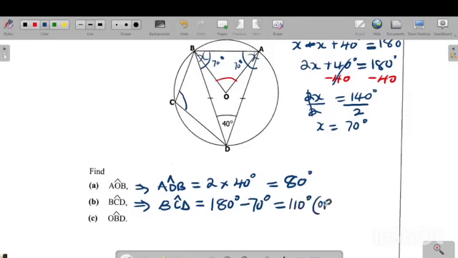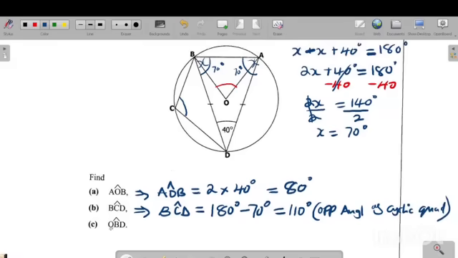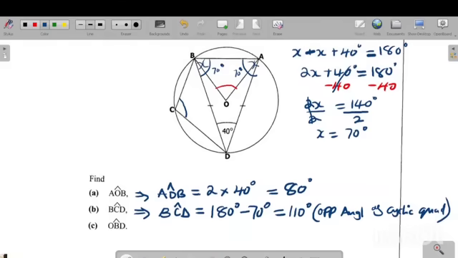Reason: opposite angles of a cyclic quadrilateral.